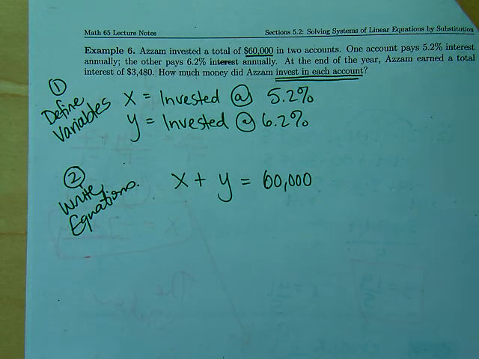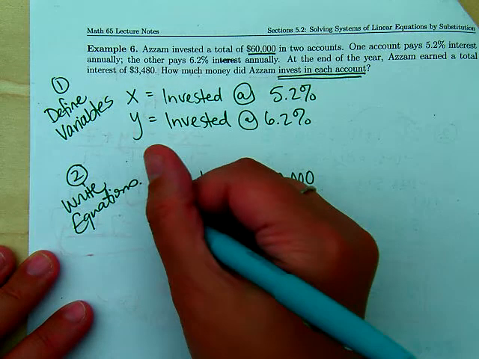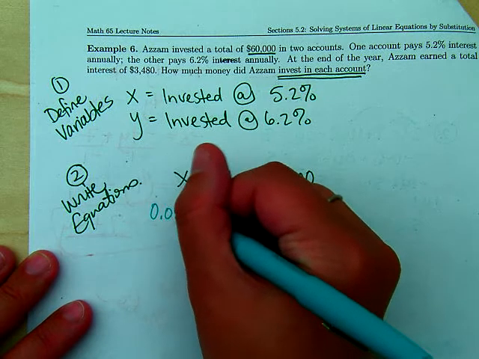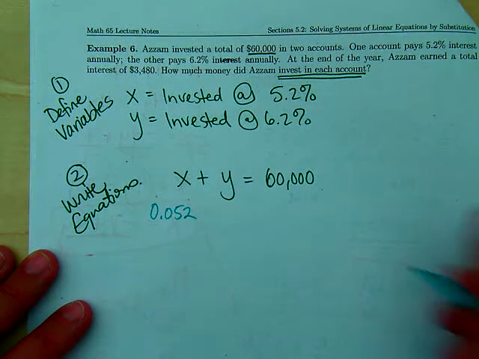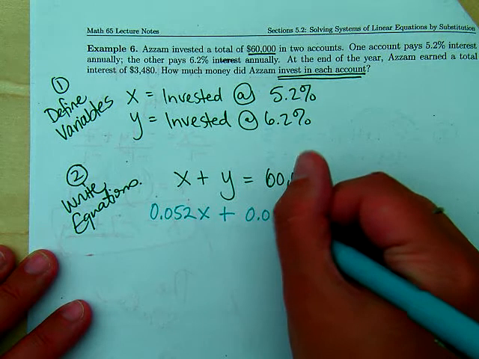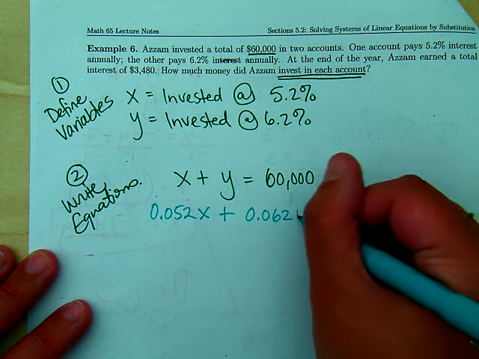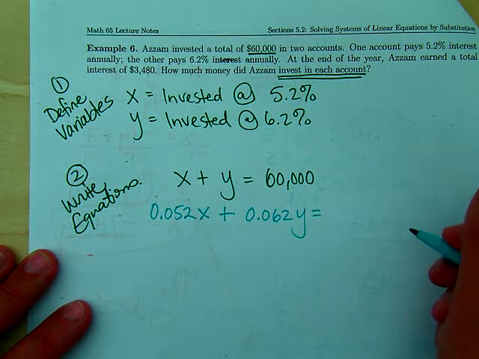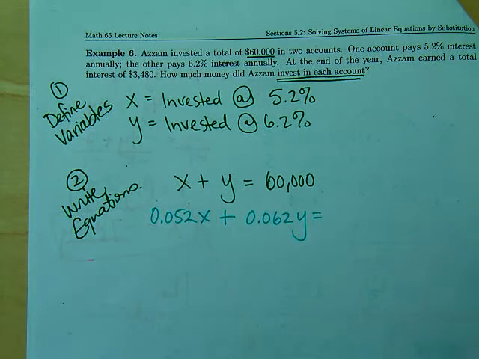Now we know something. If I take a percentage of x, the amount I invest in x, and I take the percentage of y, the amount of interest I earn on y, and I add them together, I get a total amount of interest, right? So 0.052, 5.2% of x plus 6.2% of y is equal to how much interest did he earn altogether?